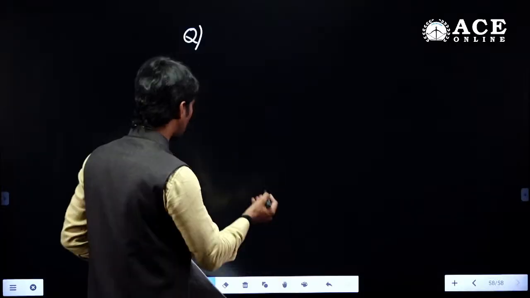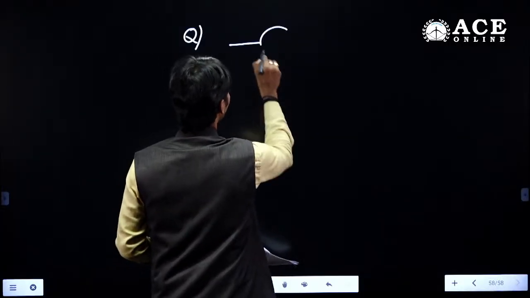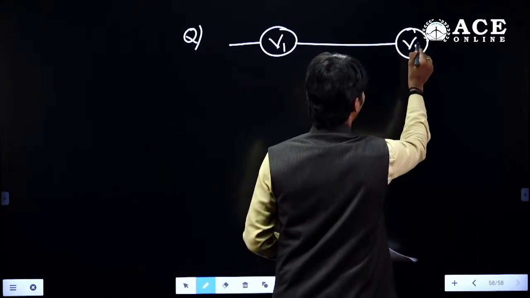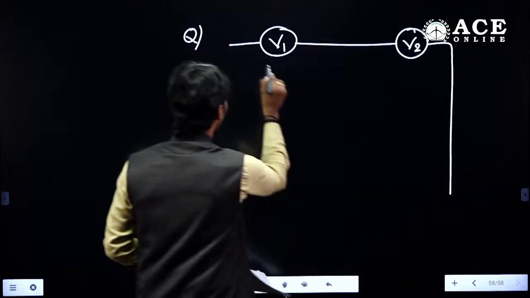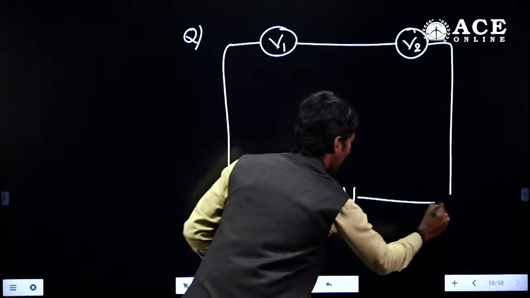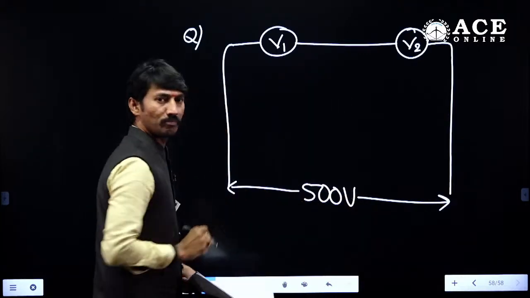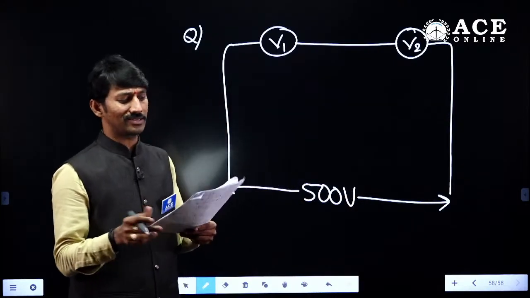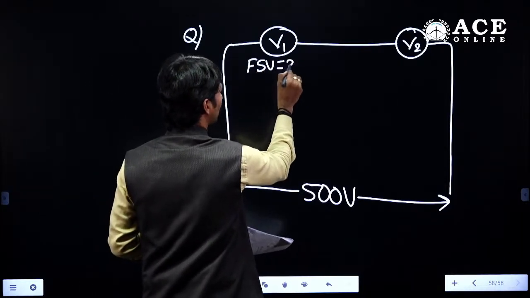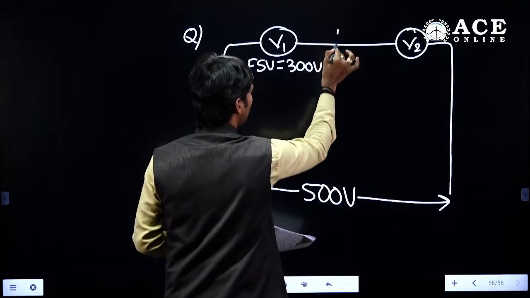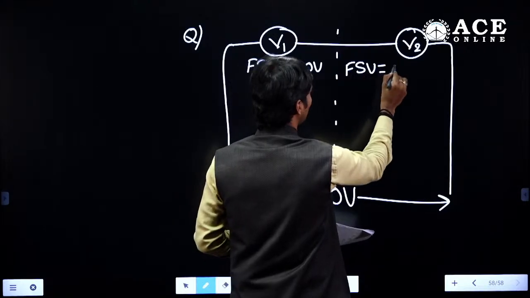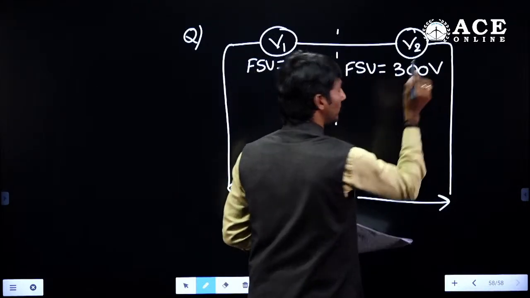Let us draw the diagram here. This is voltmeter 1 and this is voltmeter 2, and these two are connected across 500 volts of supply. So meter 1 details are given as its full scale value 300 volt, and meter 2 details are also given, that is full scale value is equal to 300 volt.